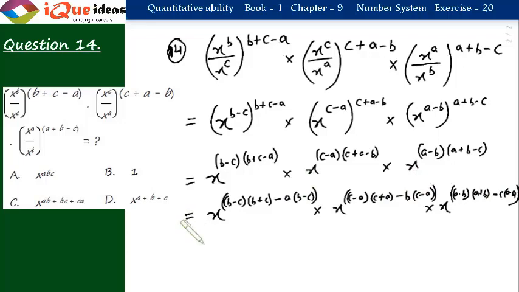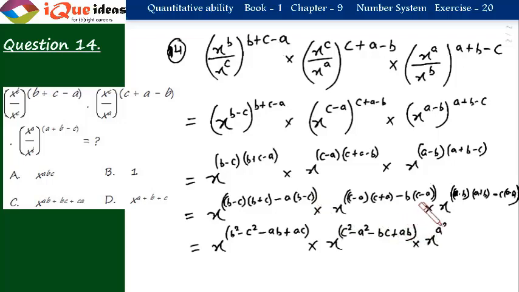Alright. Now if you simplify this, it will be x raised to the power b minus c into b plus c would be b square minus c square. Open the other bracket, it is minus ab plus ac. Second one would be x raised to the power c square minus a square minus bc plus ab.